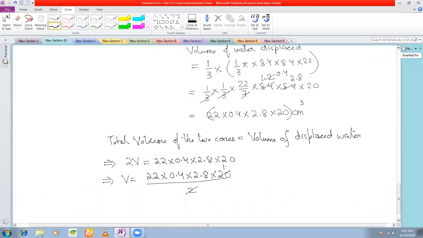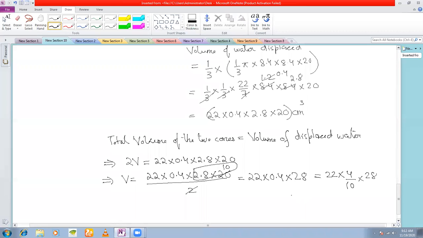You cancel this 2 with this 20. So what you get here is 22 into 0.4 into 2.8 and 10. If you multiply these two together, you simply get 28. And therefore this becomes 22 into 4 by 10 into 28.